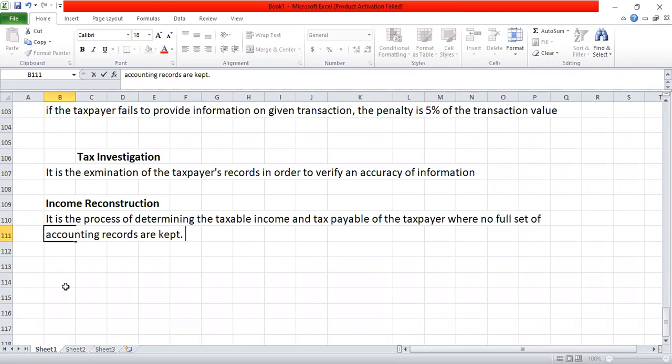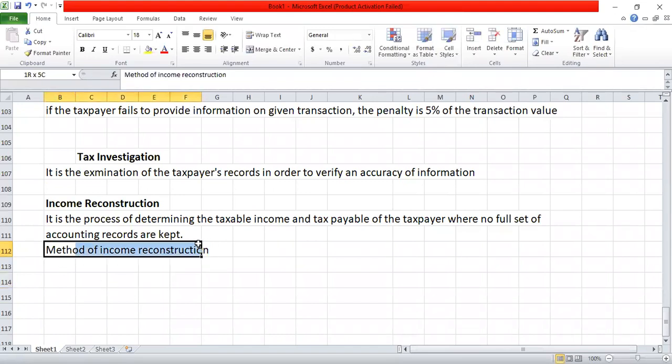We have got different methods of income reconstruction. So we have what's called the direct method.